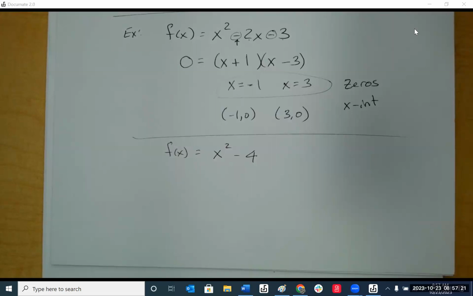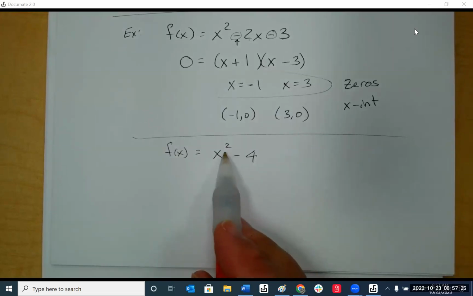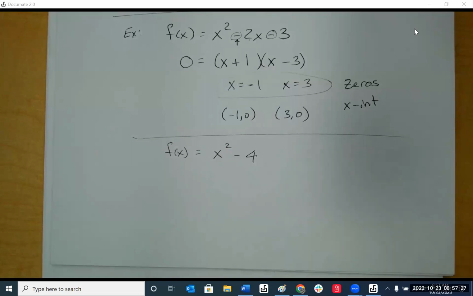Let me ask again. Is it linear? No, because it has an exponent. It can't be. So what kind of equation is it? What's the degree? Look in your notes. If degree is 2, what kind of equation is it? Quadratic. Very good. So we know the shape of it.